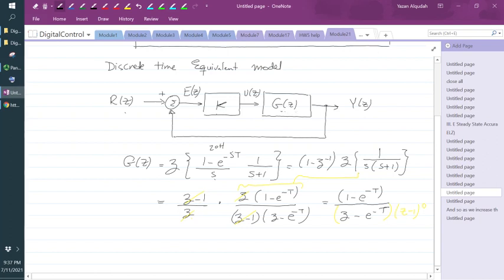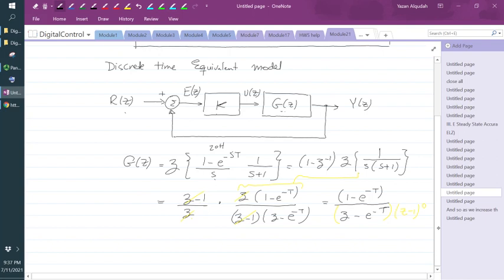So when I calculate now the steady state error, I'm going to calculate K multiplied by G of z. Does that make sense? So here we separated them, but what I could have done is I could have taken G of z that we calculated here and just multiplied it by K.